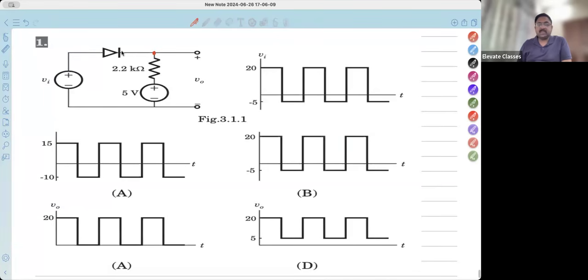If you see, this is P, this is N. If the N terminal is connected, that implies that this is a negative clipper. So the first thing we know is it is a negative clipper, and it is going to clip the negative part, meaning some part of the waveform from below is going to be clipped. That is what we know for sure.